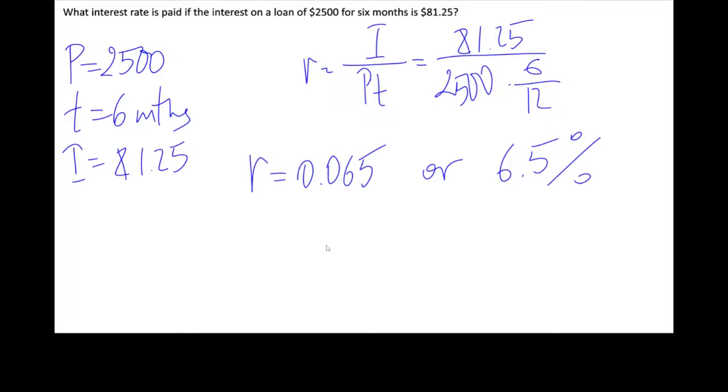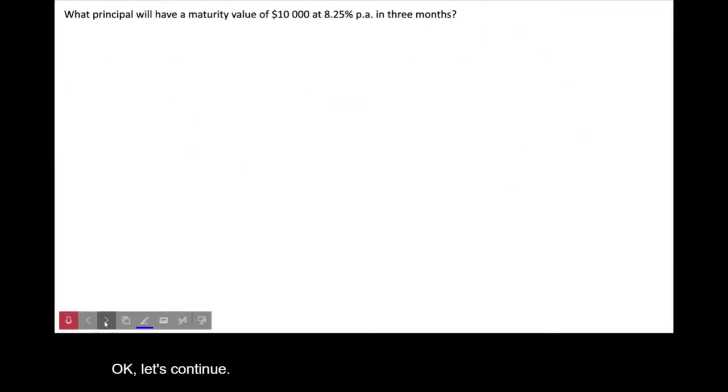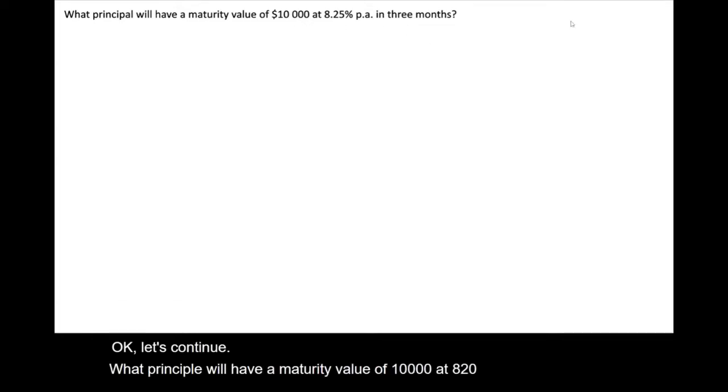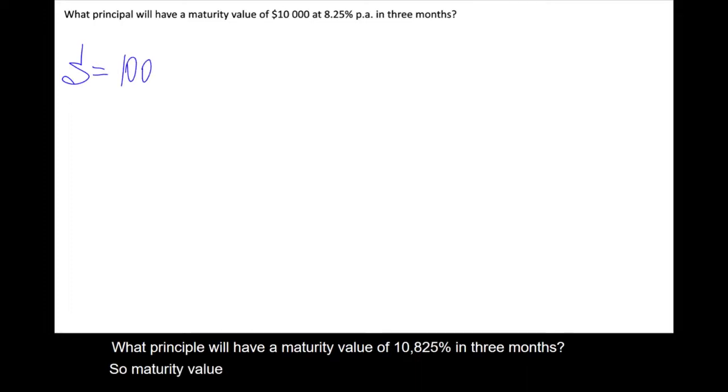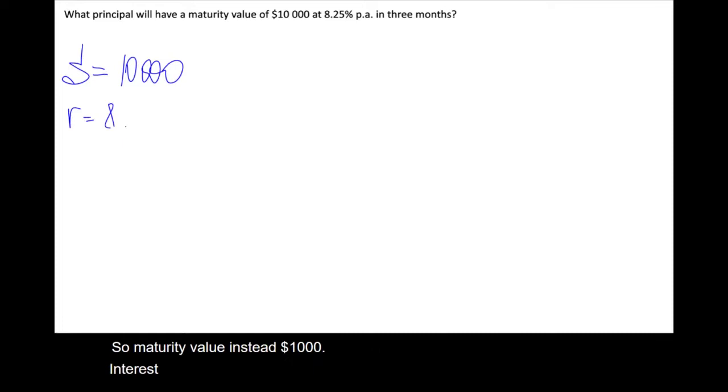Okay, let's continue. What principal will have a maturity value of 10,000 at 8.25% in 3 months? So maturity value is $10,000, interest rate is 8.25%, and time is 3 months.